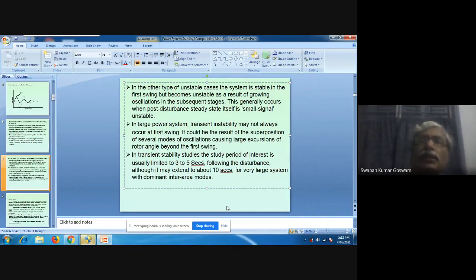It is maintaining its synchronous speed, its synchronous frequency. So this is why we have mentioned all these things, to differentiate between the infinite bus concept and the actual situation where the generator is connected.